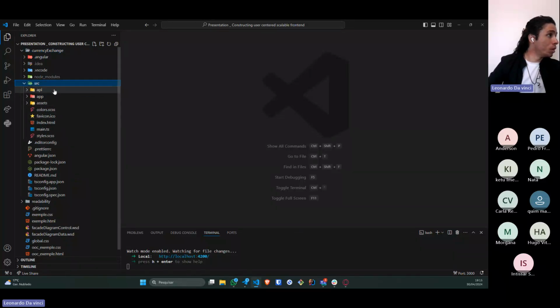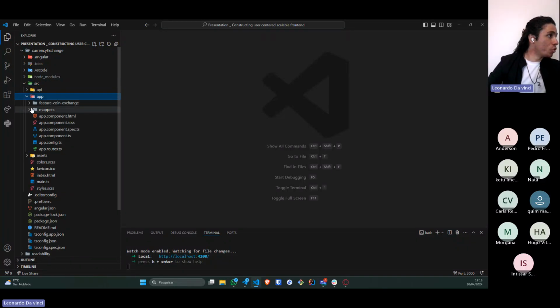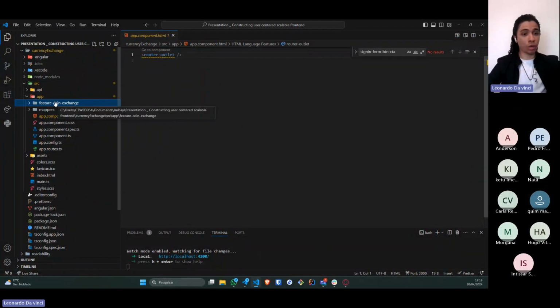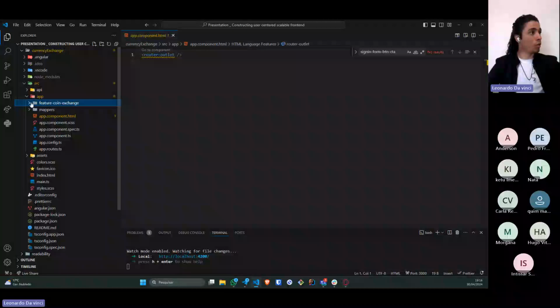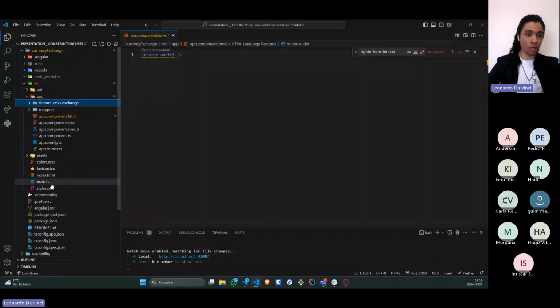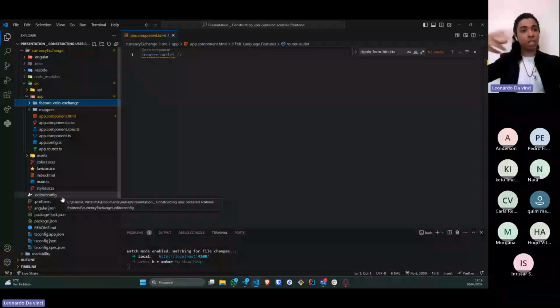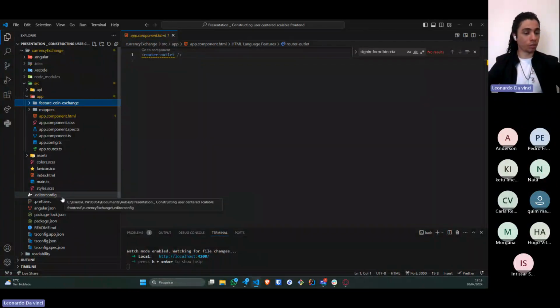Okay, so I'm going to show you in here that I have, right? The main component has nothing. So we have the feature, which as I told you, this is where the entire facade lies. And if I had more features in the website, I would be adding feature, and every one of those features would have an entire ecosystem of facade inside of it, right?